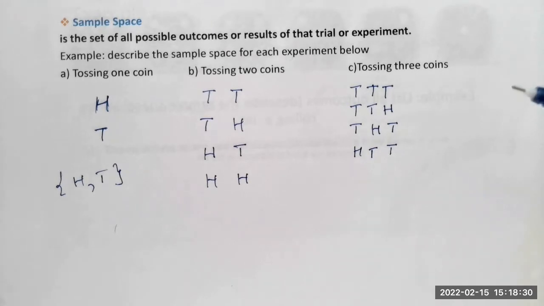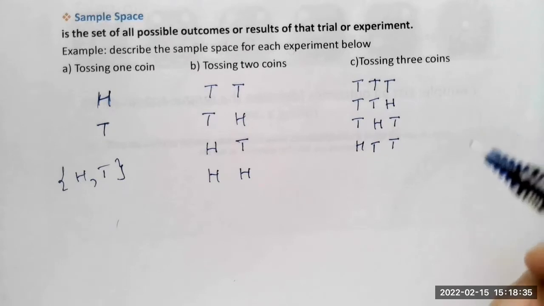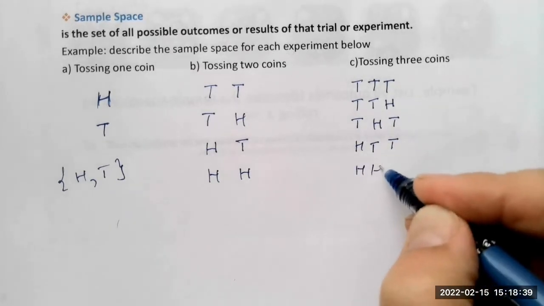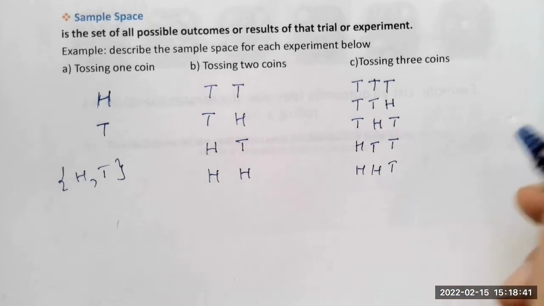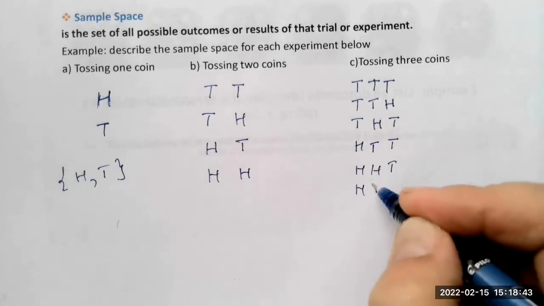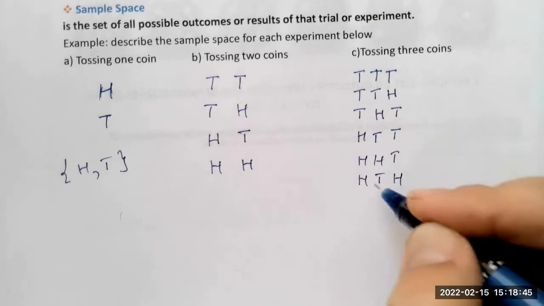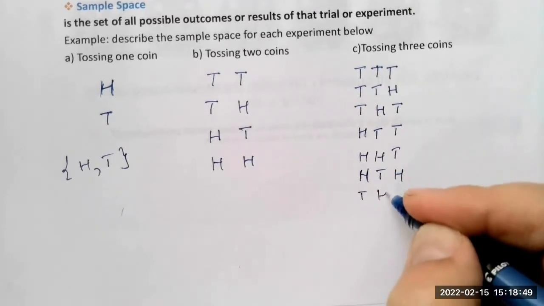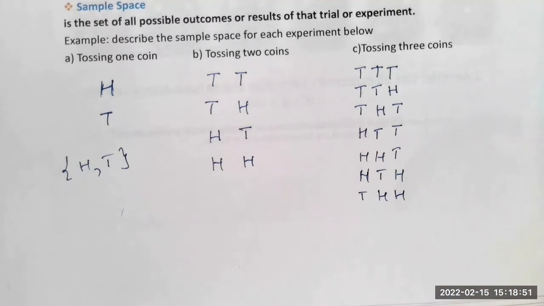Now, we could also have 2 heads, right? So how could that happen? Well, heads on the first toss, heads on the second, tails on the third; heads, tails, heads; and then tails, heads, heads. Those are the 2 heads.